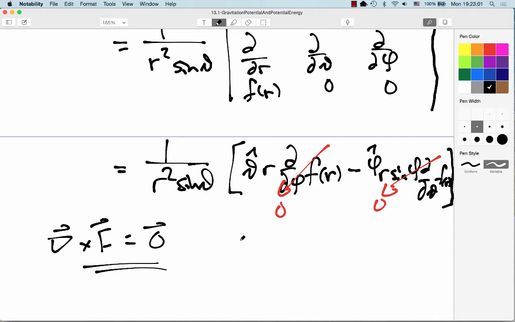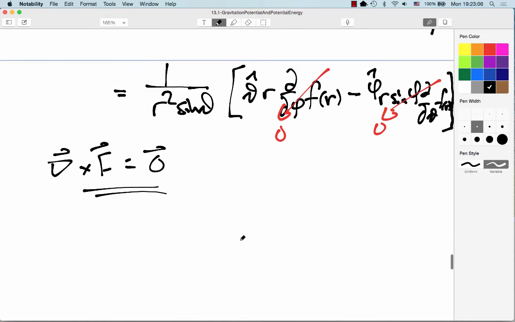All right. So we can follow that thought through and just get the potential energy if we wanted to. So let's do that.